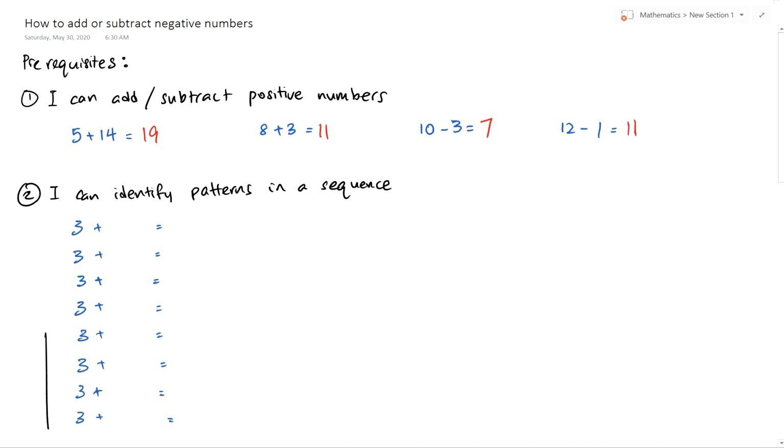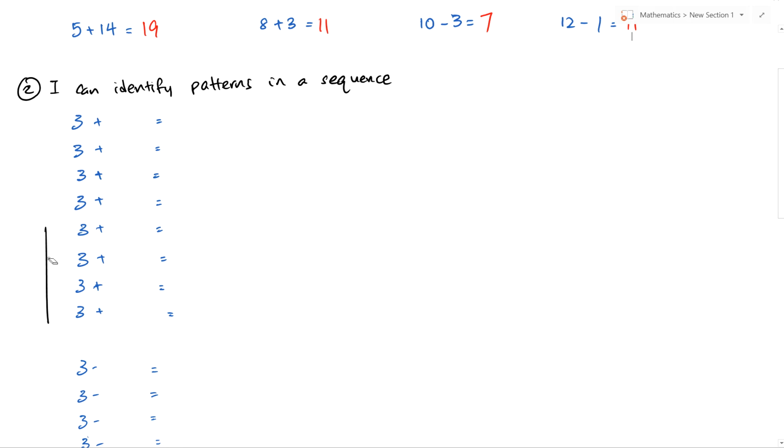The next thing that you have to be able to do is to identify patterns in a sequence. Over here, I've got a number of questions. They all begin with a 3 plus. Inside the question, I'm now going to write down in red what I am going to add to 3.